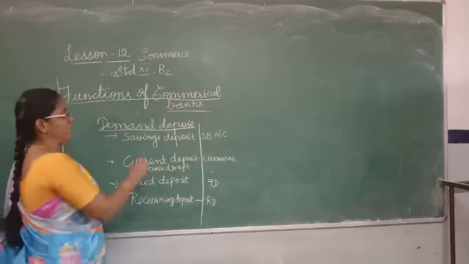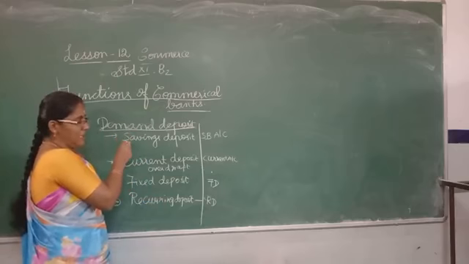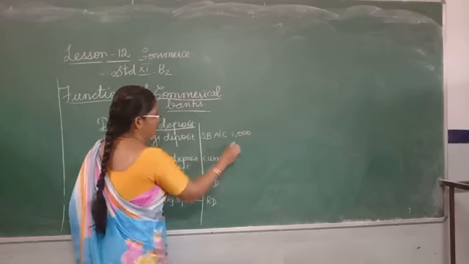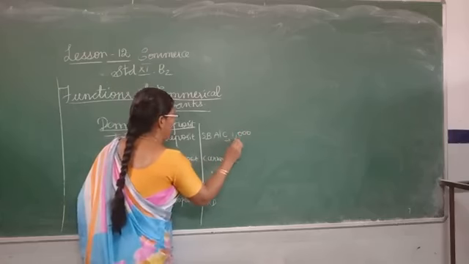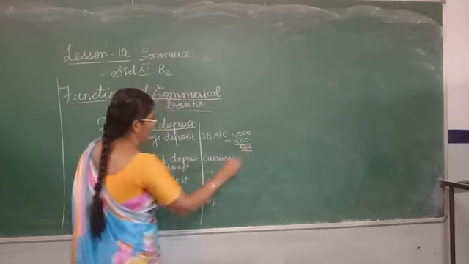In the savings bank account, if you have balance in your account, we can withdraw. For example, I have balance of 1000 rupees in my account, I can withdraw 500. So how much will remain? 500 rupees.